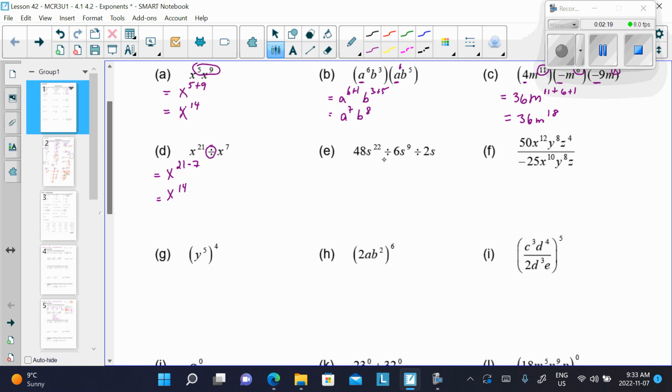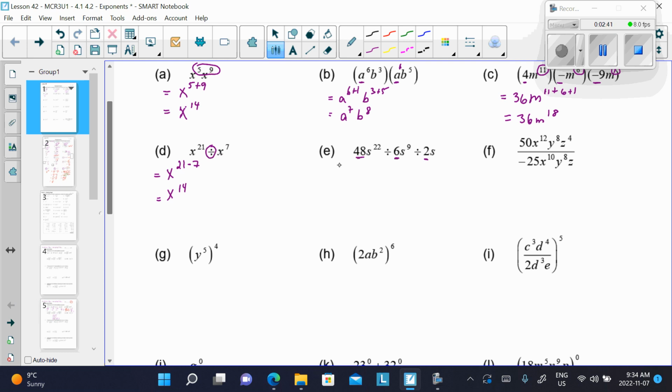Question E. We are going to first off divide the coefficients. So we have 48 divided by 6, and then divided by 2. When we do that, we get 4.